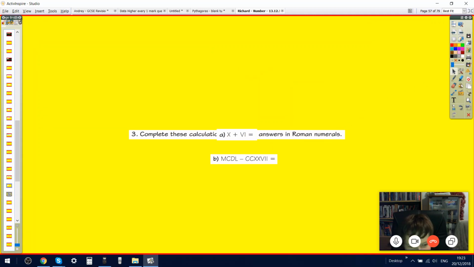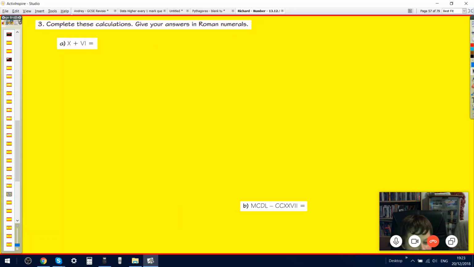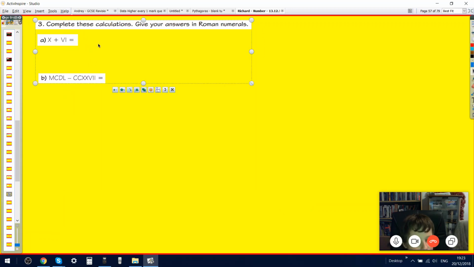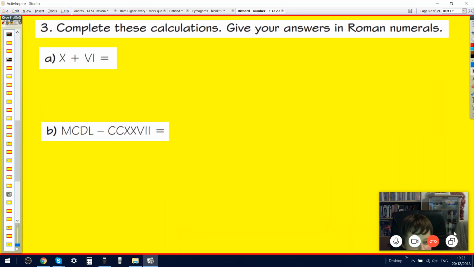And this one, let's just do part B. To complete these calculations, give your answers in Roman numerals. So for B it says MCDL minus CCXXVII. So for the first number, M equals 1,000. C equals 100.